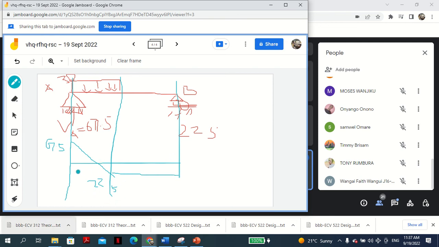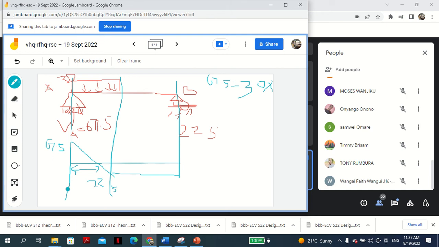Now you can calculate this distance as I told you already how to calculate that. That's 67.5 equals 30x.